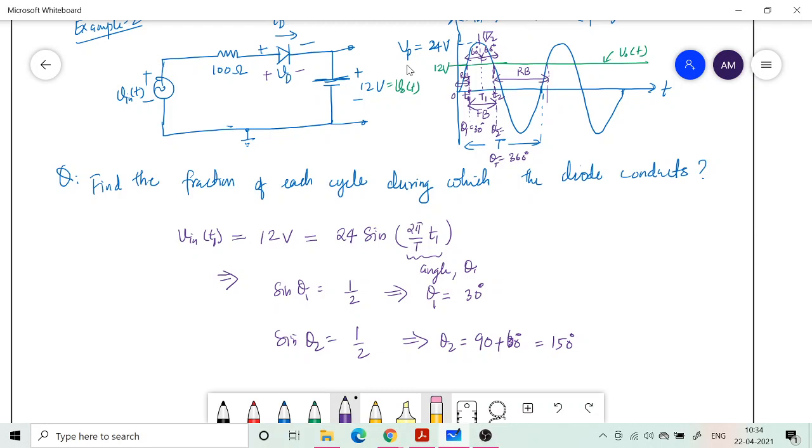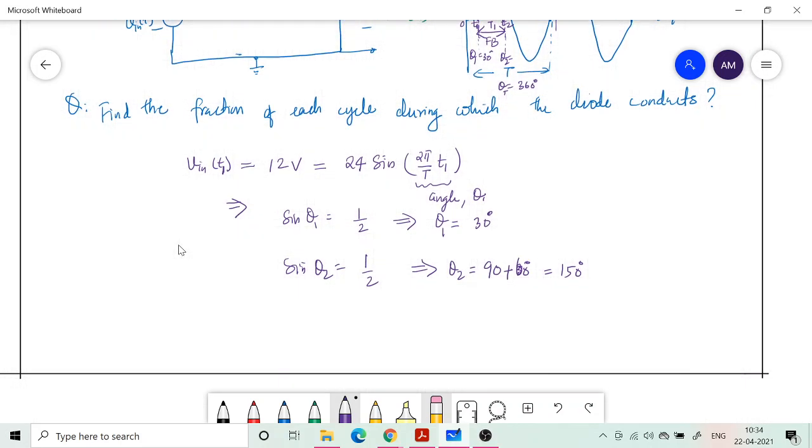So total is 360. Now you tell me the fraction. The required fraction is what? Total angle is 360 for one complete cycle, and it is on from 30 to 150, which is 120 by 360, which is 1/3.